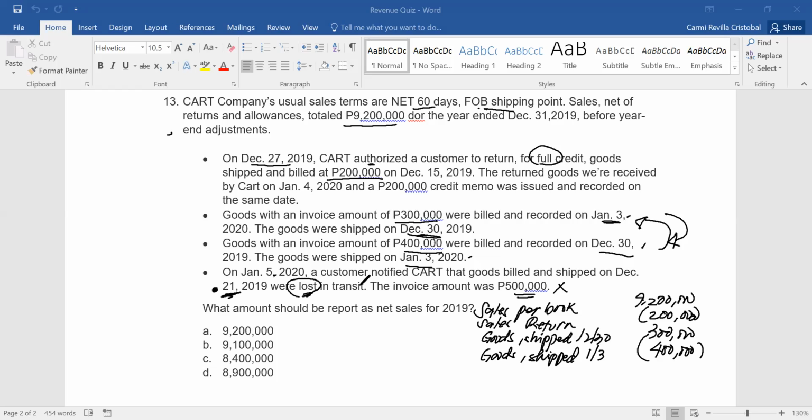So, meron talagang ganung mga arrangement. And besides, it has been agreed upon. So that is actually alright. Ang mangyayari, si client ang mag-suffer ng losses. So, how much ito guys? Let's compute. Get your calculator. 9.2 million minus 200 plus 300 minus 400.